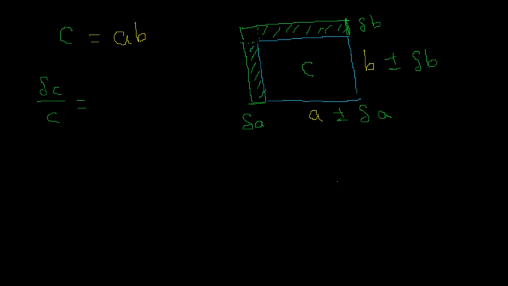This fraction is simply delta A over A, and that fraction up there would be delta B over B. And here, then, we have a formula for the error when we multiply two numbers.